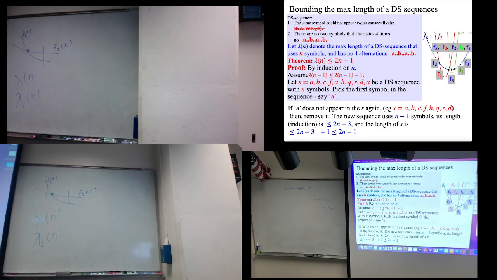Just as a warm-up, if n is 1, if I just have one color, what can I do? Write it just once, so lambda of 1 is 1. Which is, by the way, no longer than 2 times 1 minus 1.